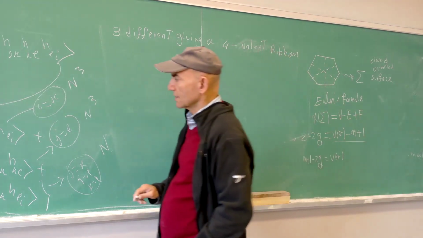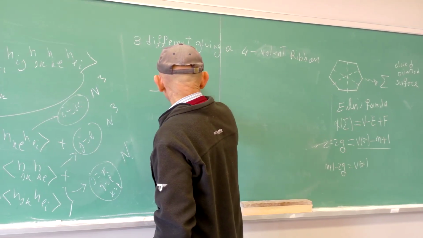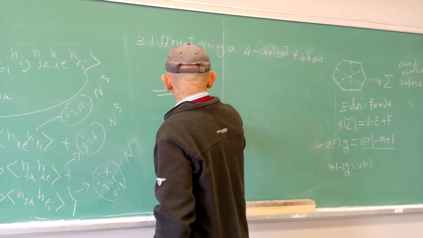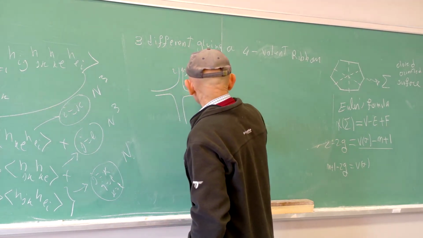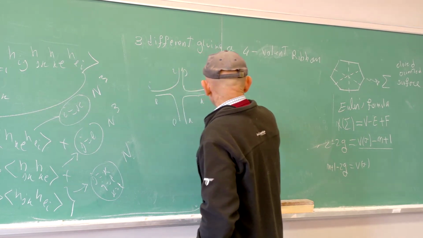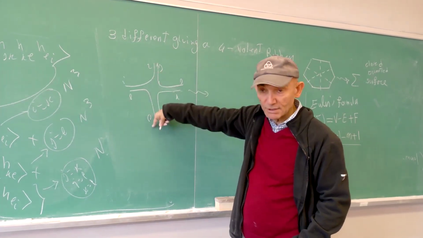So let me draw this now. So here is 1. Let's not forget about these indices, Ij, Jk, Kl, Li. So you can glue these two, and these two.